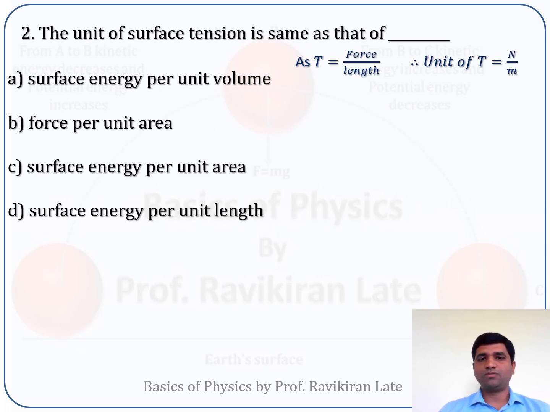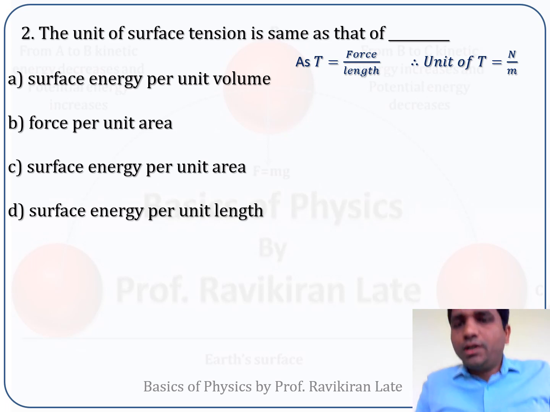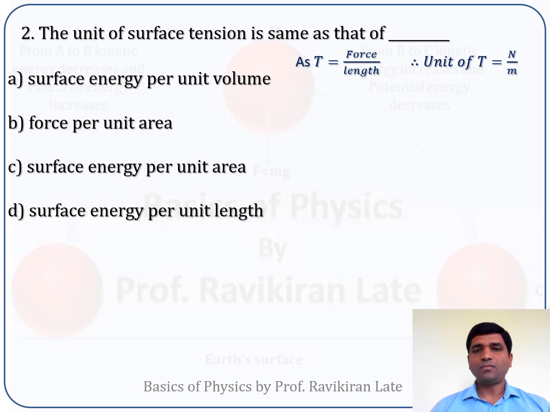In the last question we had seen that surface tension is defined as force per unit length, so its unit is Newton per meter. Now we will try to calculate the unit of each option given over here.